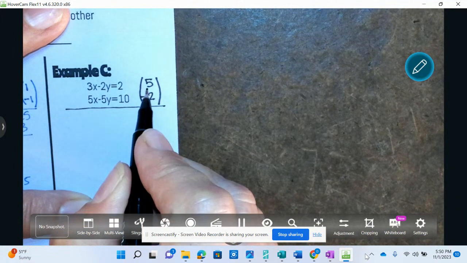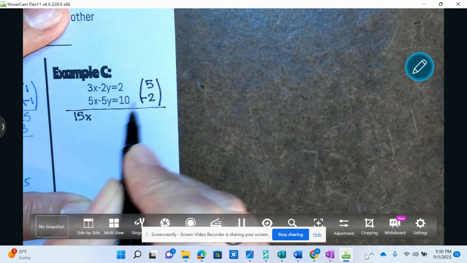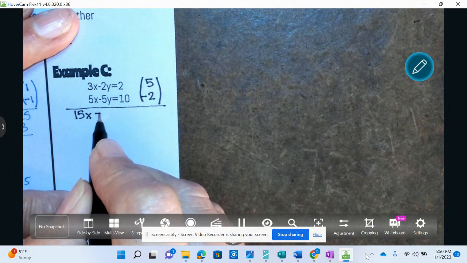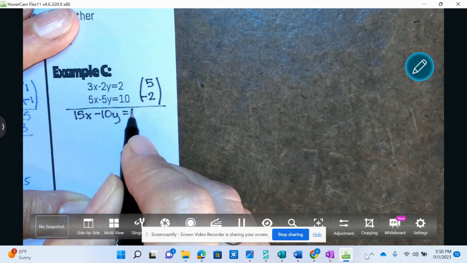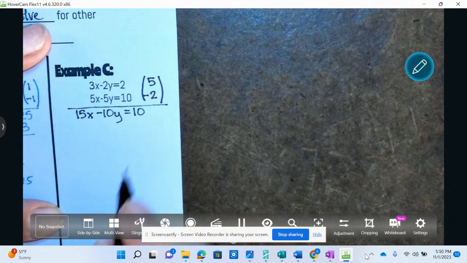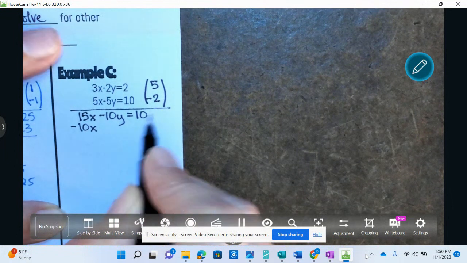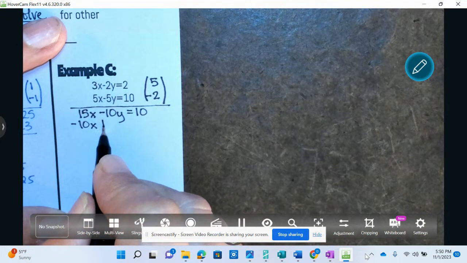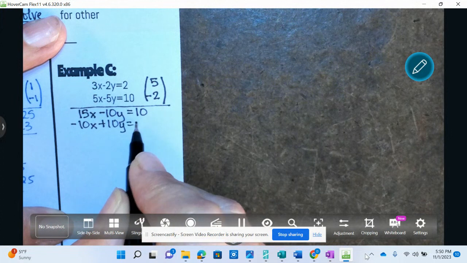All right, so 5 times 3, that's 15x. 5 times negative 2, that's negative 10y, equals 5 times 2, which is a positive 10. Negative 2 times 5, that's negative 10x. Negative 2 times negative 5, well, that's a positive 10y, equals negative 2 times 10 is negative 20.